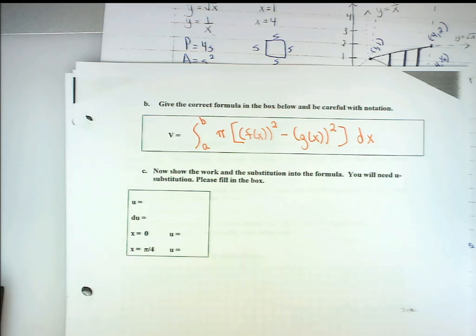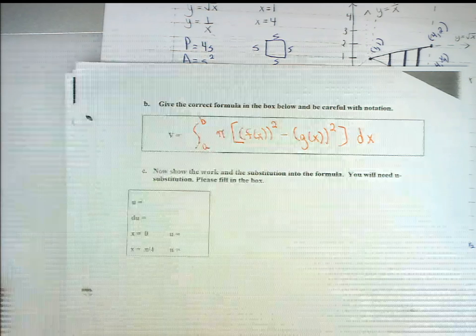The axis of revolution is the x-axis, and the cross sections are perpendicular.